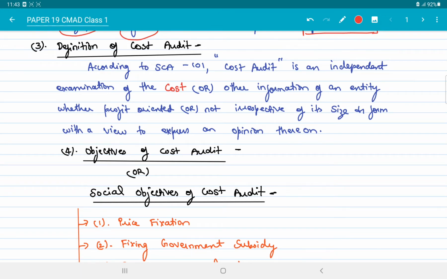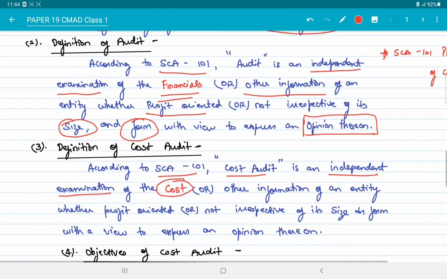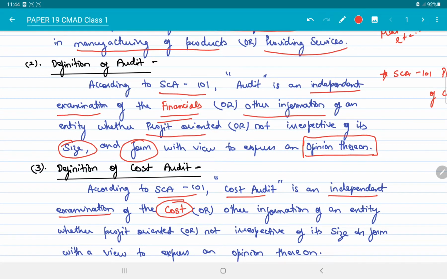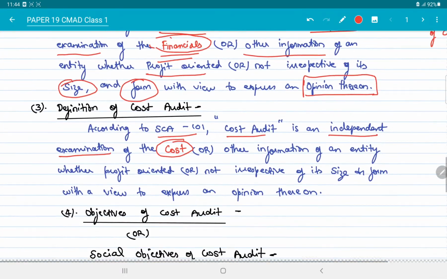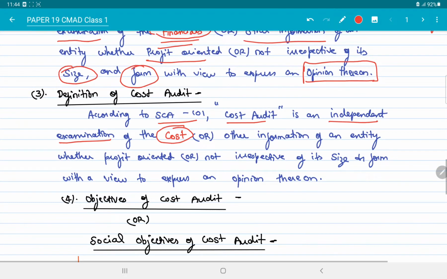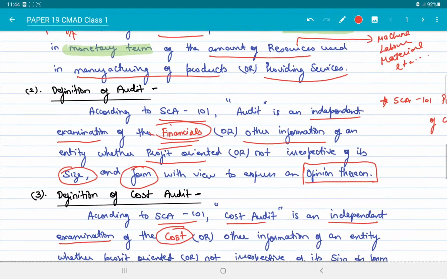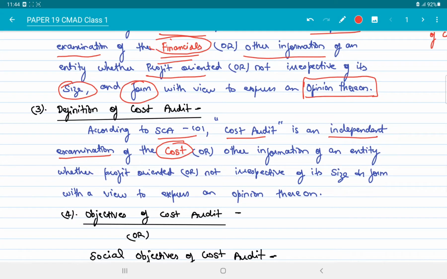So according to SCA 101, cost audit is an independent examination of cost. What we saw in audit is an independent examination of financials. Now what we are seeing is cost. That is the difference between audit and cost audit, and other things are the same.